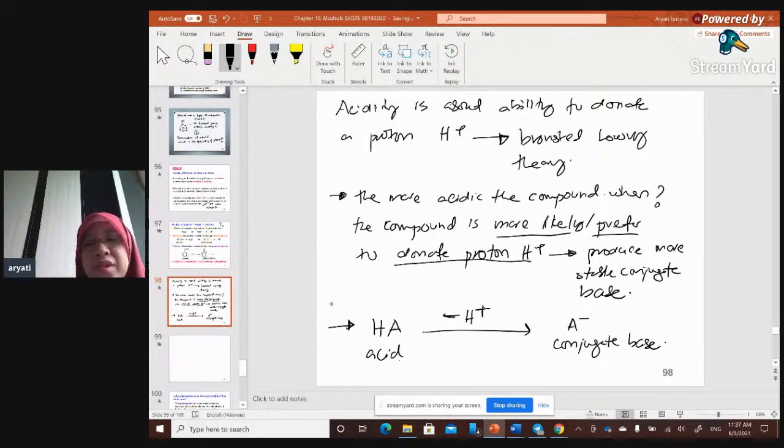Semakin mudah acid HA ni donate proton H plus, dia akan bentuk satu benda yang lagi stable, so dia lagi berasid. Saya ulang ya, semakin mudah sesuatu acid, the more acidic the compound, when the compound is more likely to donate proton H plus, dia akan produce more stable conjugate base, so dia akan lagi more acidic.